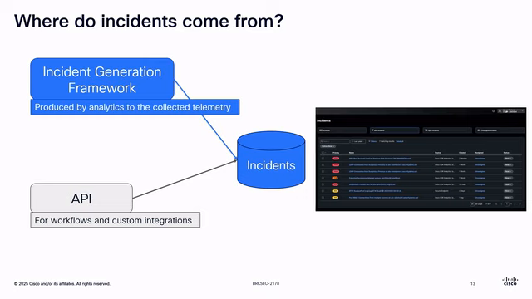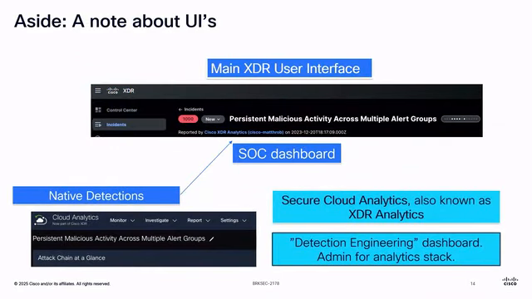Now, because it is relevant for the rest of the session, there are two UIs that you'll see screenshots from. This is mostly an aside. There is what we call the main XDR user interface, which is the user interface that the analyst mostly interacts with. It is a SOC dashboard. They go in, they work the incident. That's largely what we're going to look at. However, the detection engine, which is still called Secure Cloud Analytics, but often we call it XDR Analytics, is a separate user interface still.